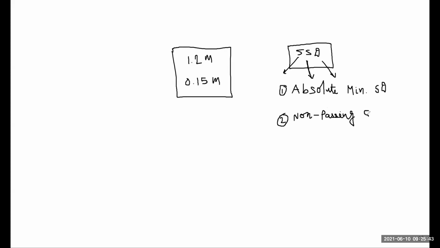In many questions they ask to find absolute minimum sight distance. So you understand that they are asking to find stopping sight distance in that question. If in any question they ask to find non-passing sight distance, it means they say find stopping sight distance. So SSD is also absolute minimum sight distance and also non-passing sight distance.